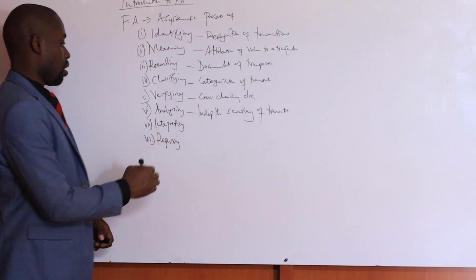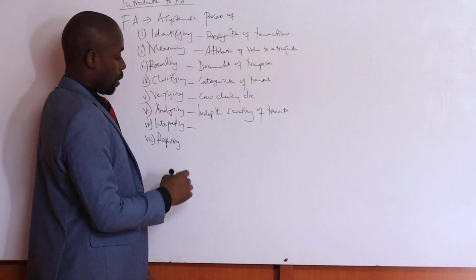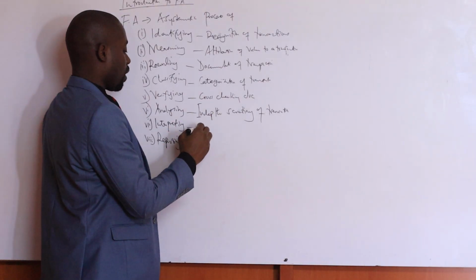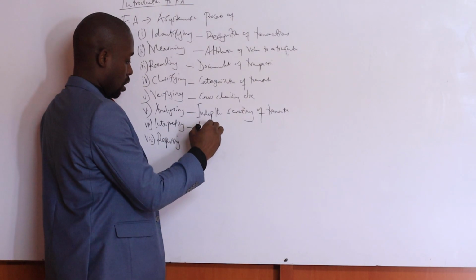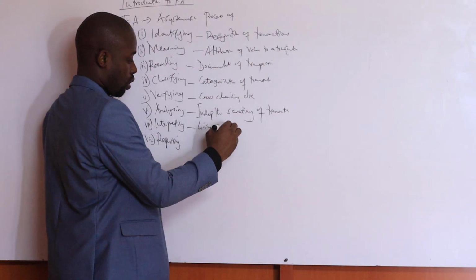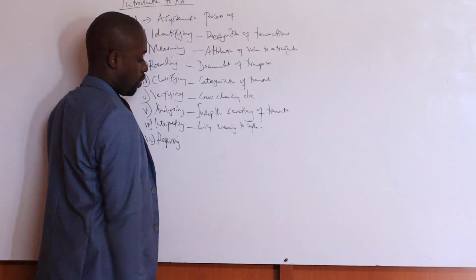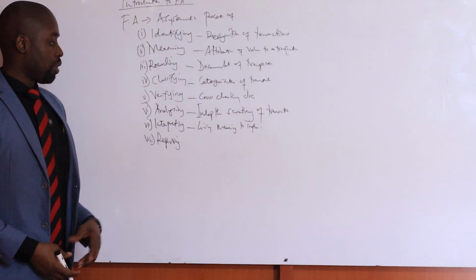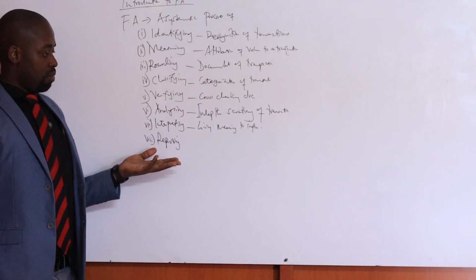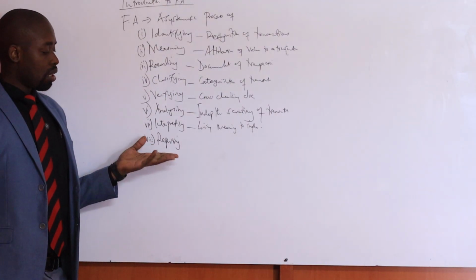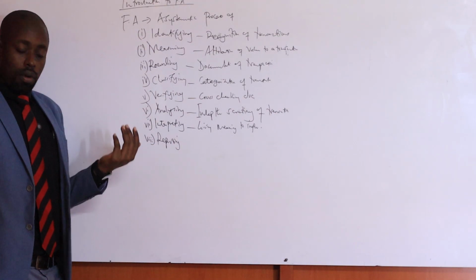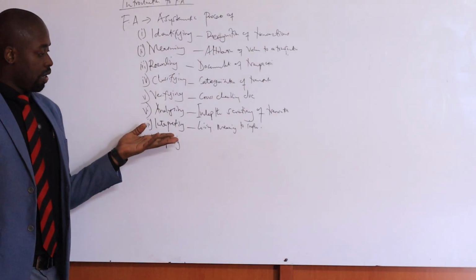Then interpretation is the process of giving meaning to information for ease of understanding, mainly by the laymen who don't understand more, or even those people who are not involved in the preparation of the financial information.